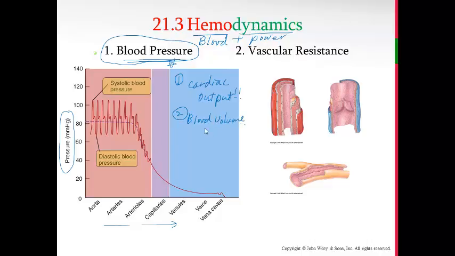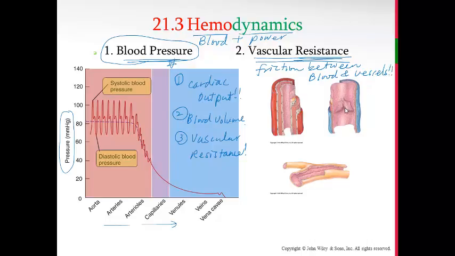And the third factor is vascular resistance, which is one of the reasons that helps determine blood pressure. Resistance is about the friction that occurs between your blood and the blood vessels.